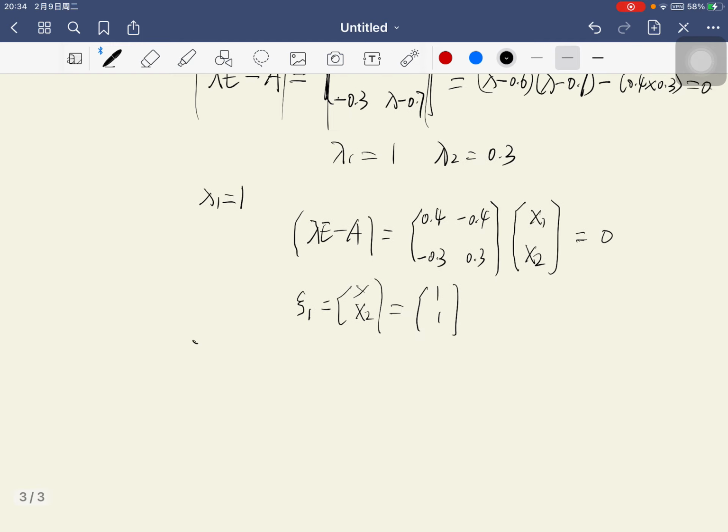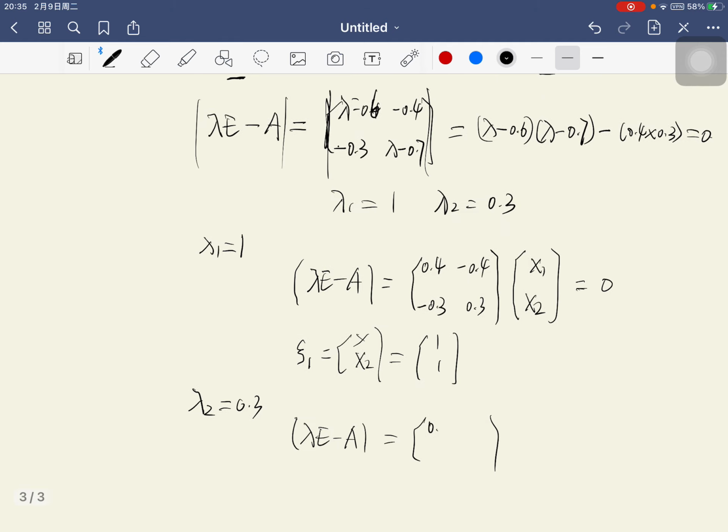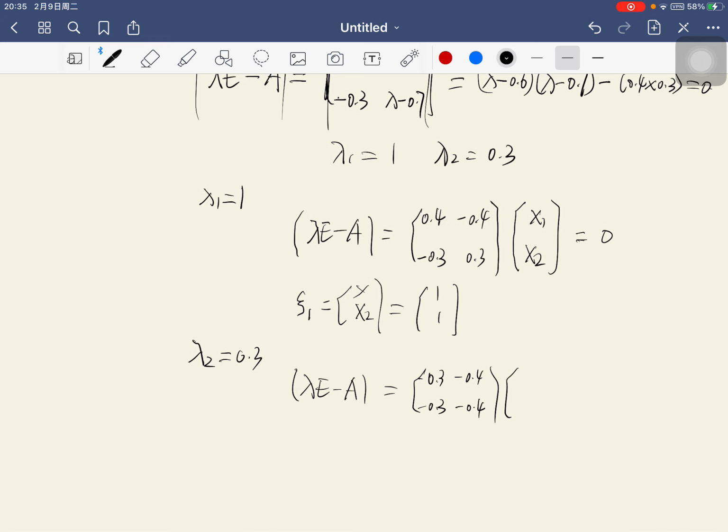When lambda 2 equals 0.3, lambda E minus A is the matrix minus 0.3, minus 0.6, minus 0.3, minus 0.6, times x1 x2 equals 0, and the eigenvector x1 x2 is 2 and minus 1.